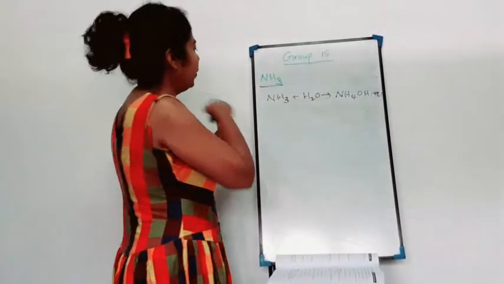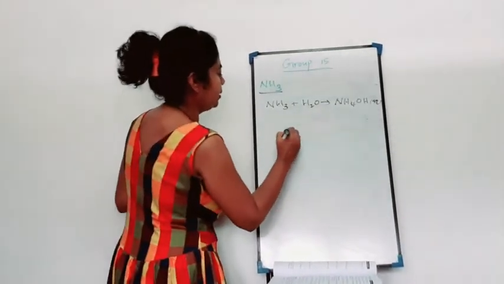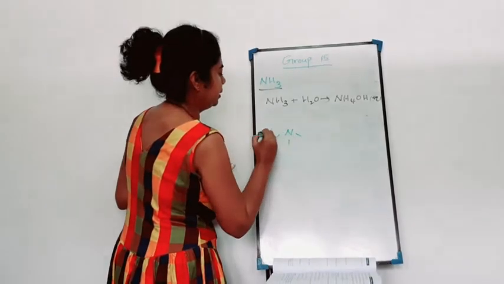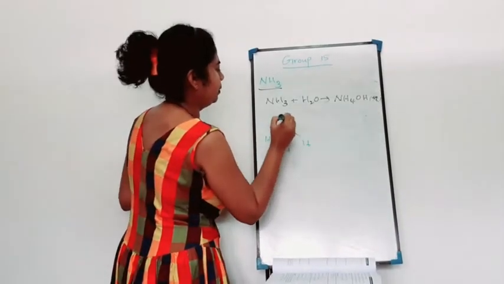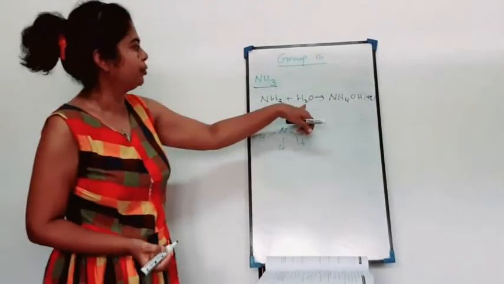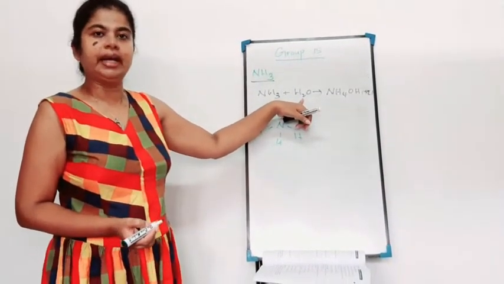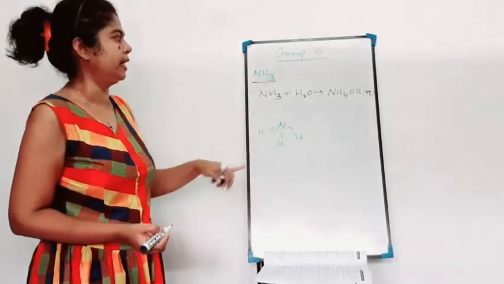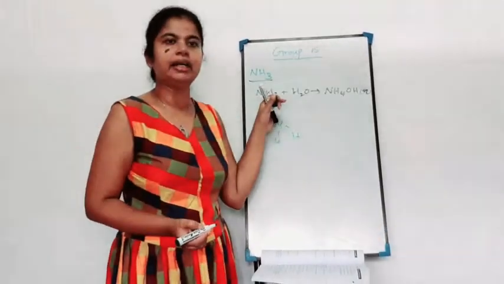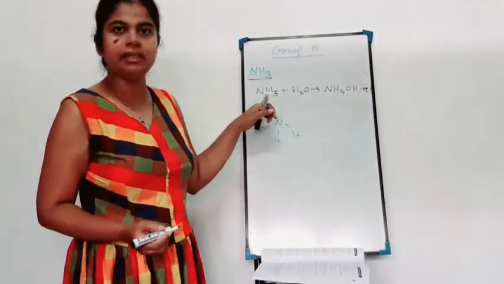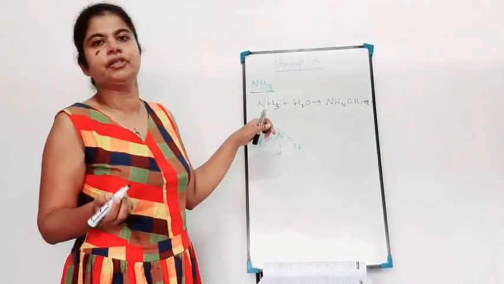So, how is this ammonia combining to form ammonium hydroxide, right? You can draw it also. Nitrogen, this is ammonia, one lone pair is there. Water can undergo its self-ionization, right? According to the self-ionization, what happens? H plus and OH minus are given to the medium.